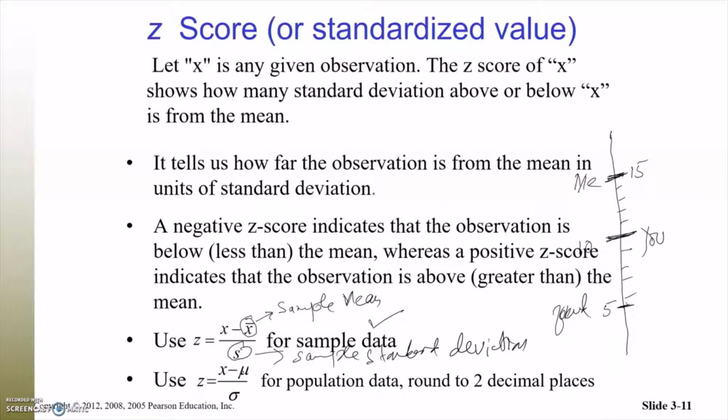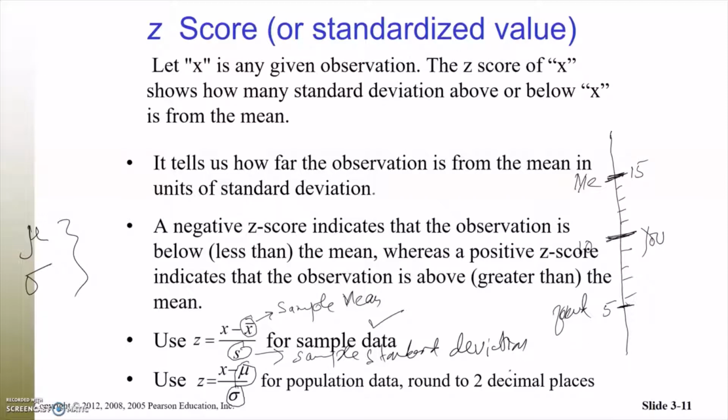If you are dealing with population data, then you use the formula z = (x - μ)/σ. Here μ is the population mean and σ is the population standard deviation. Remember these two Greek symbols.